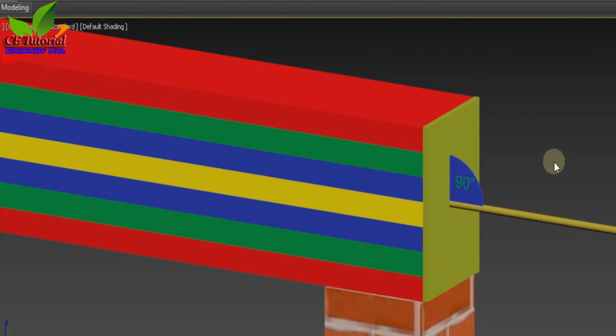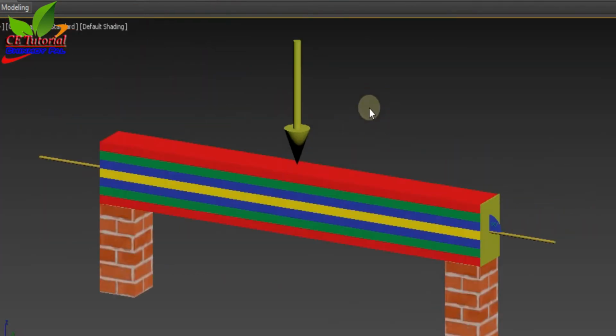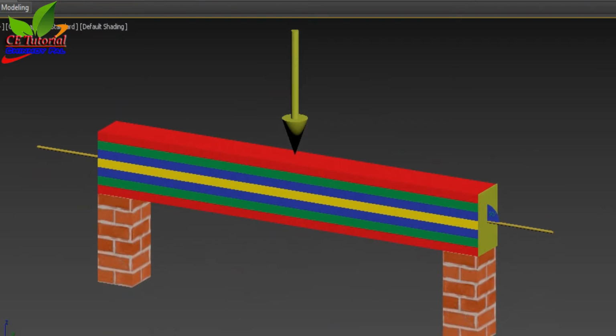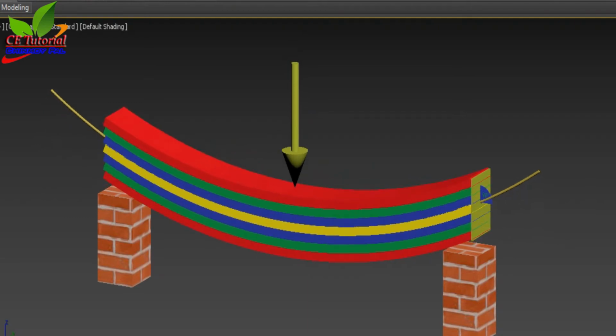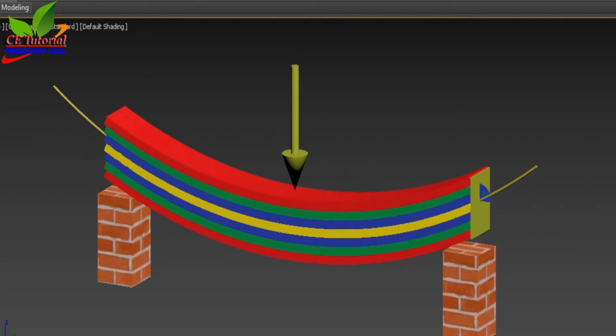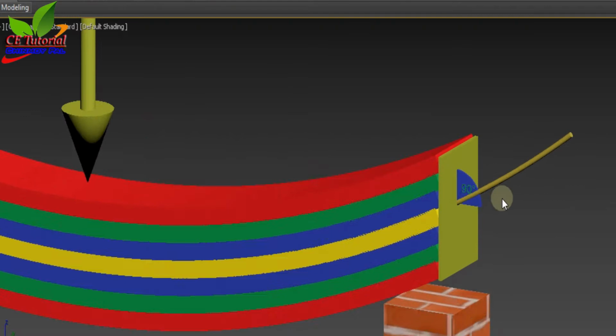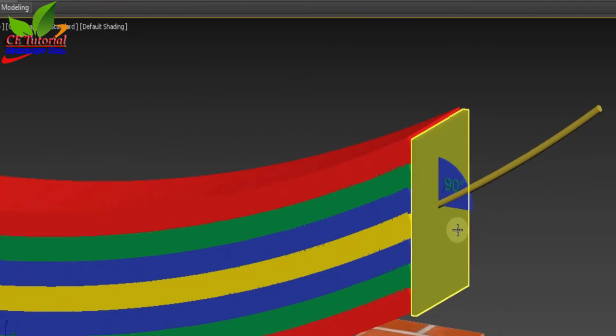Now we are applying the load gradually. This is the cross section that you can see after the application of load.